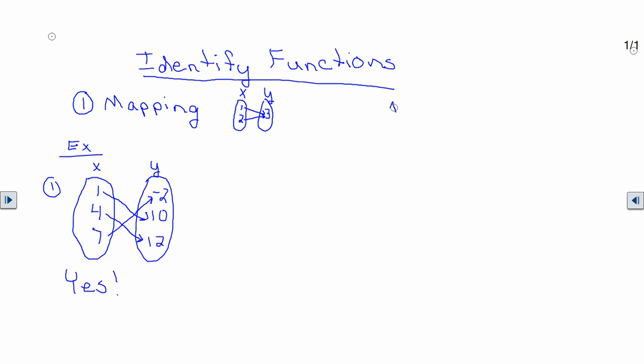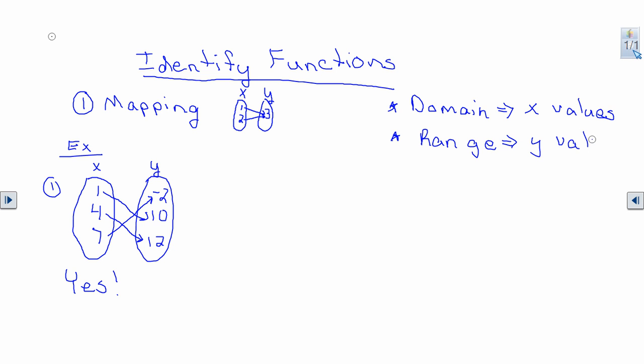Something I want to make sure you have, domain and range. Some of you knew this already. Domain are the X values. Range are the Y values.